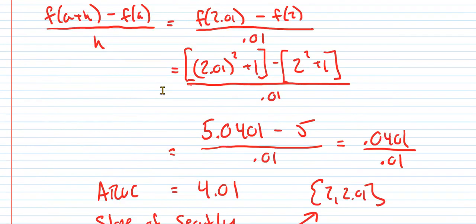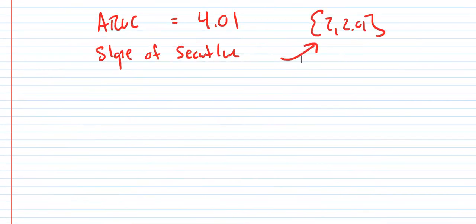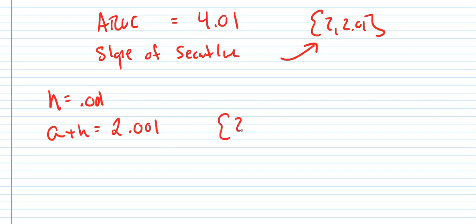So if we let h be equal to 0.001, then a plus h would be 2.001, and our interval is now from 2 to 2.001.